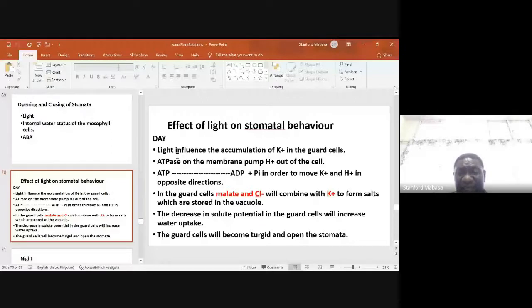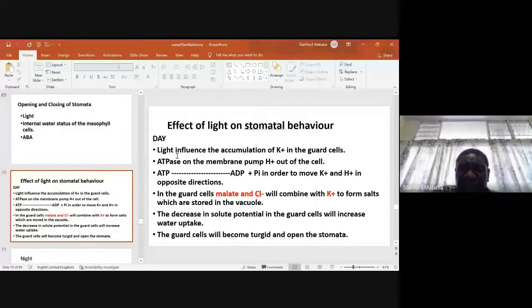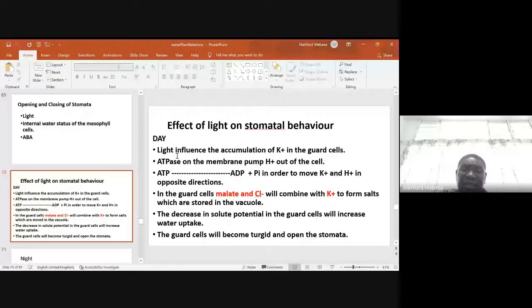Now, inside the guard cells, we've got malate and chloride ions. These will combine with the potassium, which will have entered the guard cells, to form salts. Now, these salts will lower the water potential.